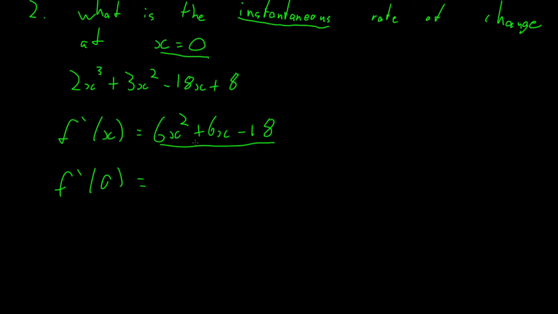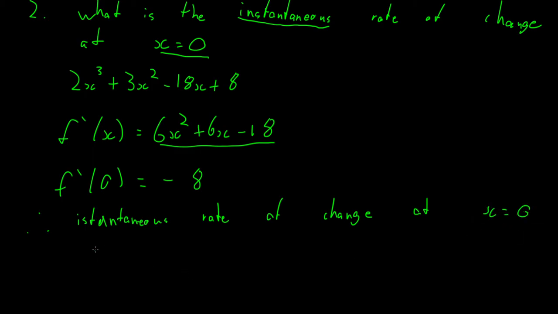And if we make x equals 0 in all of this, it's just equal to minus 18. Therefore, instantaneous rate of change at x equals 0 is minus 18. And that is the answer for 2b.